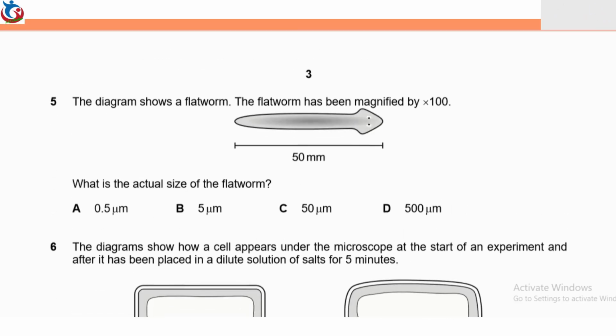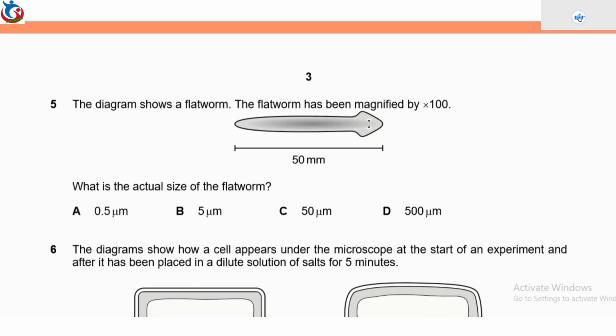Question 5 says, the diagram shows a flatworm. The flatworm has been magnified by 100 times. You can see the length, that's the image size. What is the actual size of the flatworm?